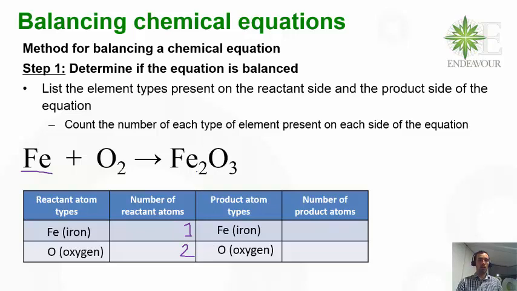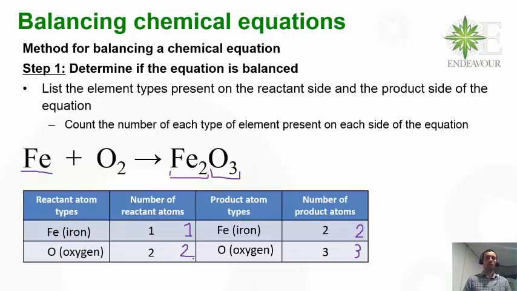And within our Fe2O3 compound, we need to look at the subscript that comes after each atom type to work out how many atoms of that type there are. So for Fe2, there's going to be 2 Fe atoms, and for O3, there's going to be 3 oxygen atoms. That corresponds to the answers here that are in the slide.